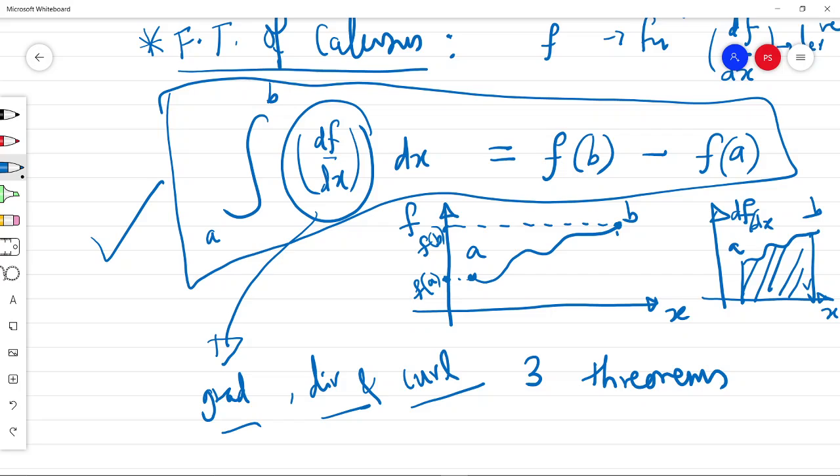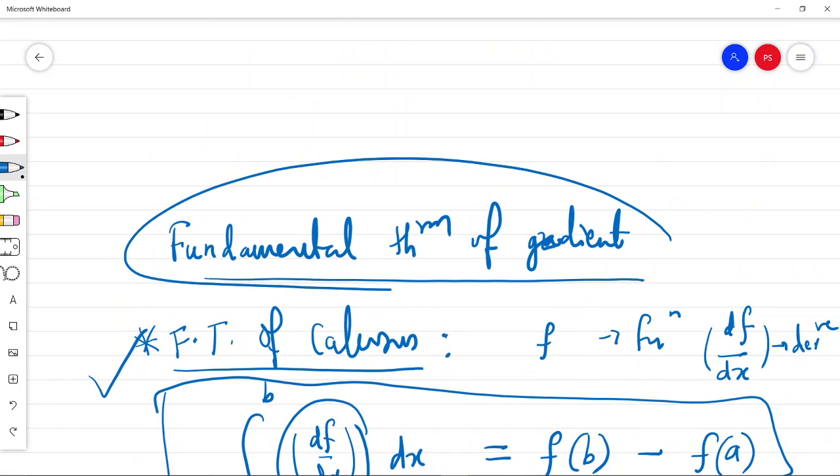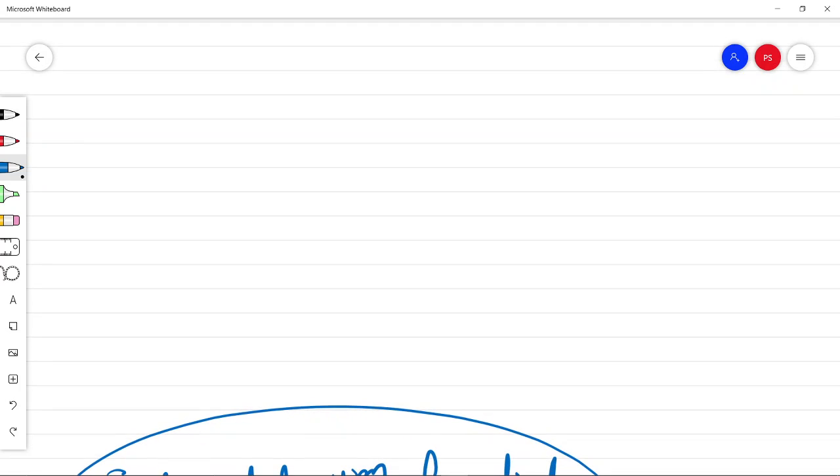The first of which has to deal with the gradient of a function. So accordingly it is called the fundamental theorem of gradient. Let us just go through the statement of it.